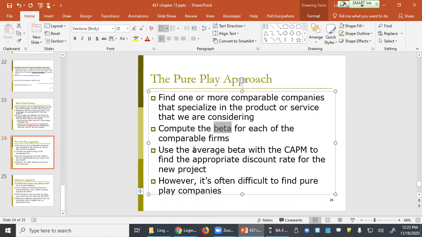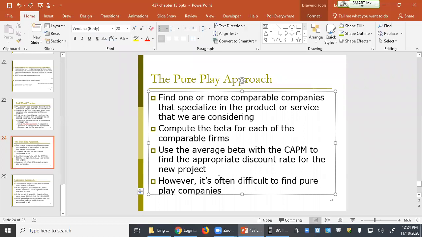Then from the various betas, we will find the simple average. Then use that average beta to plug into the CAPM equation in order to find your cost of equity. But that's just, again, one of the multiple cost of equity estimates that we have to calculate, because none of the models is that reliable.